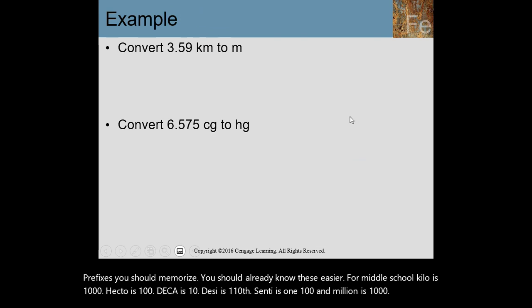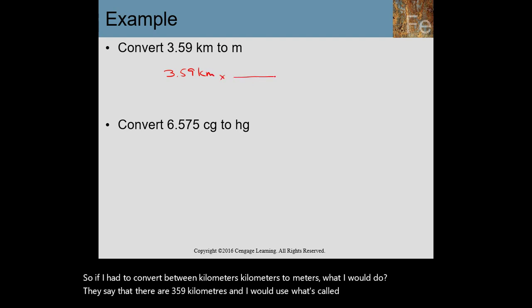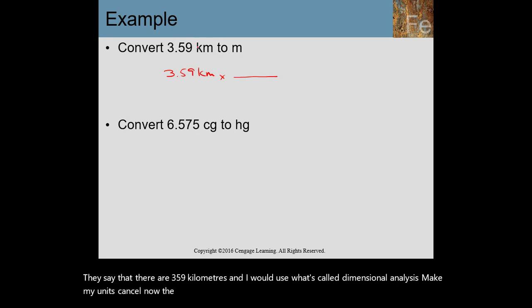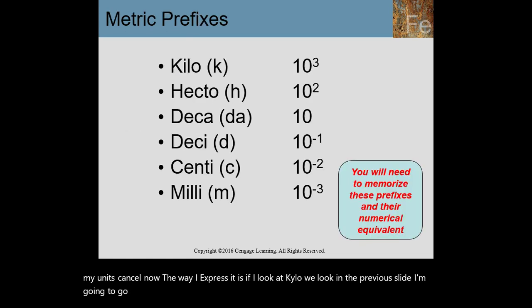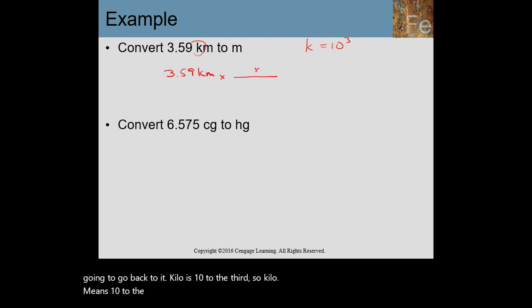So if I had to convert from kilometers to meters, I would say that there are 3.59 kilometers, and I would use what's called dimensional analysis, making my units cancel. If I look at the previous slide, kilo is 10 to the third. So kilo means 10 to the third. I'm going to put meters on top and kilometers on the bottom.